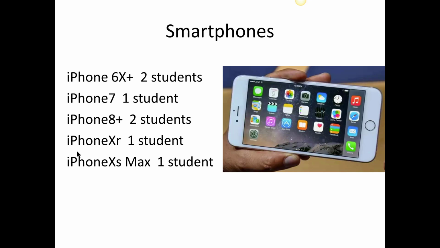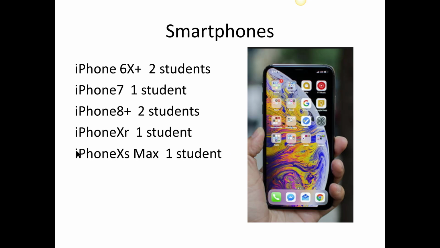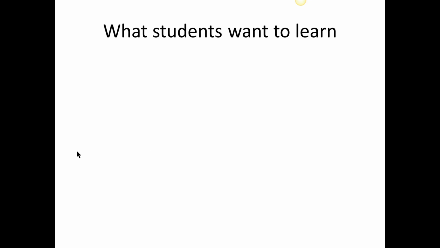I personally have an iPhone 7, and I'm very happy with it. And all these iPhones take amazing photographs. And we'll spend some time specifically on some techniques and some hints and so forth that are specific to the iPhones.